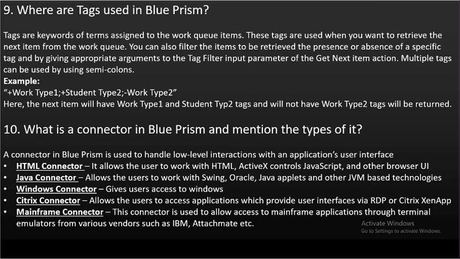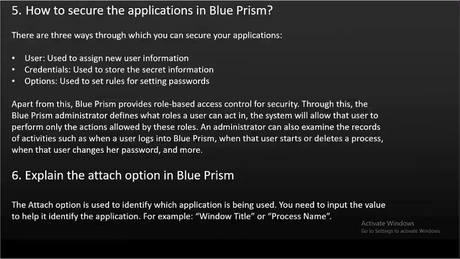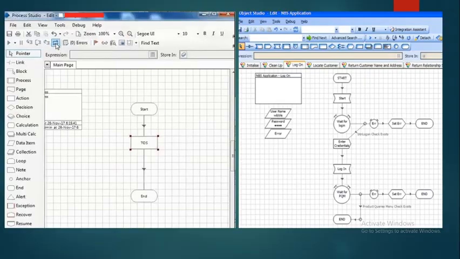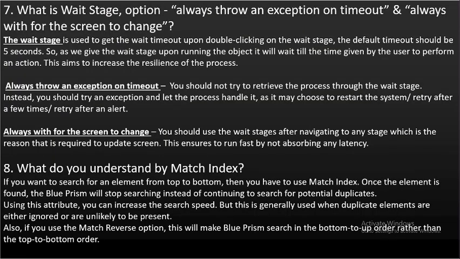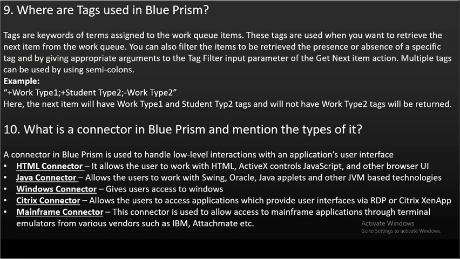This connector is used to allow access to mainframe applications through terminal emulators from various vendors such as IBM, Attachmate, etc. So folks, these are the 10 frequently asked questions in Blue Prism, and if you want, I can show you example-wise in the Blue Prism application in the next videos.